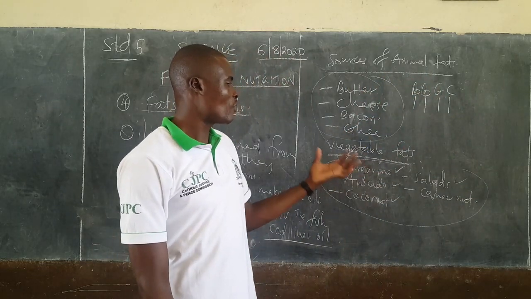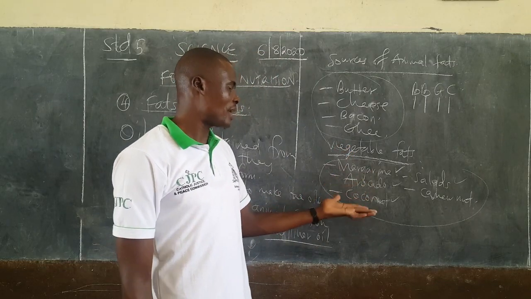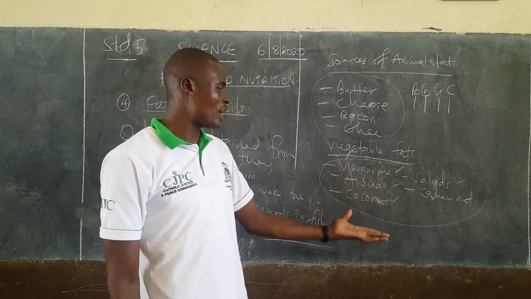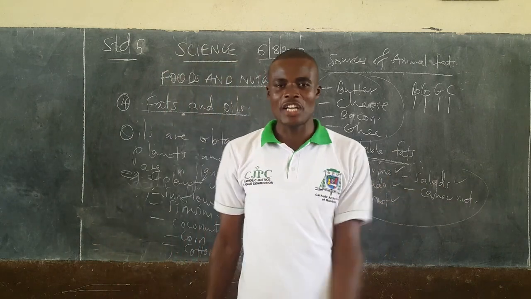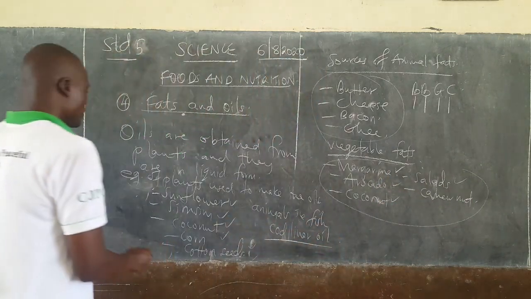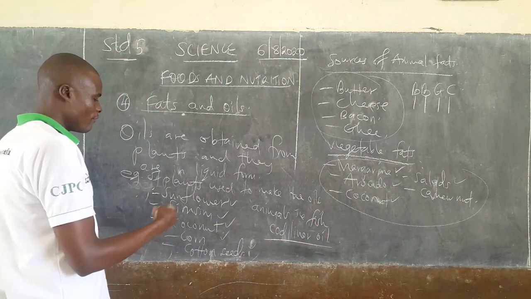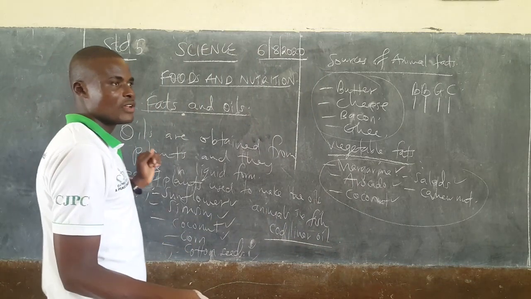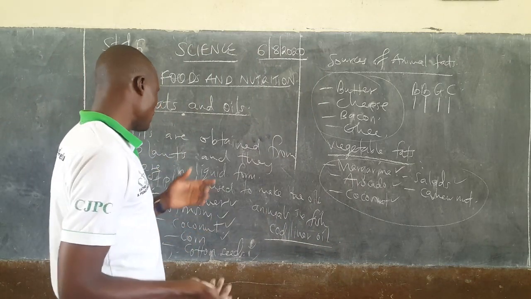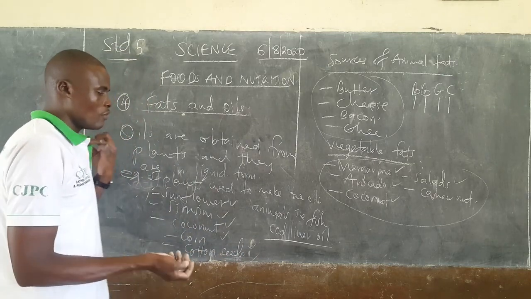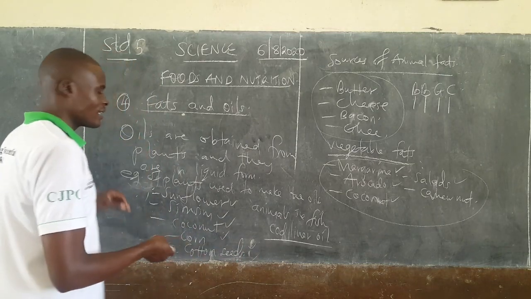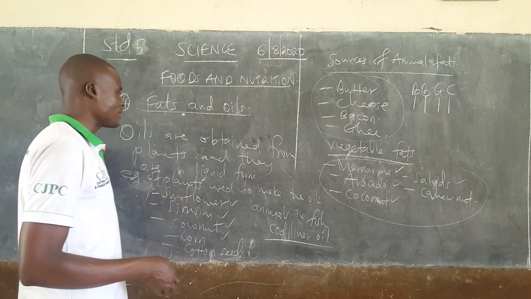And then we talk of vegetable fats. These are now easy. You can memorize this: margarine, avocado, coconut, salads, and cashew nut. Then when it comes to the oils, we have just the plants. We will not be told exactly to give examples of the oils, but plants that give us the oils.